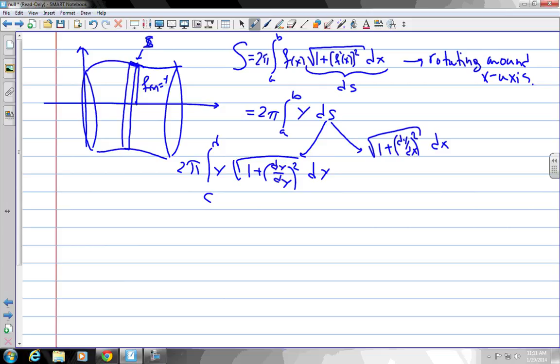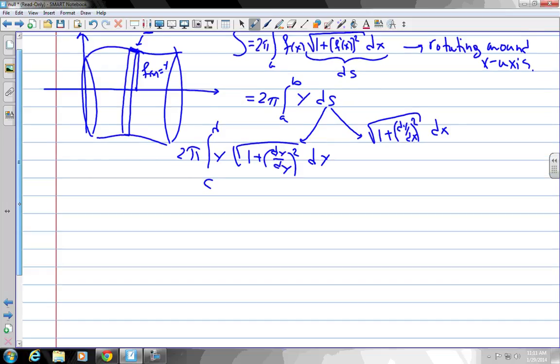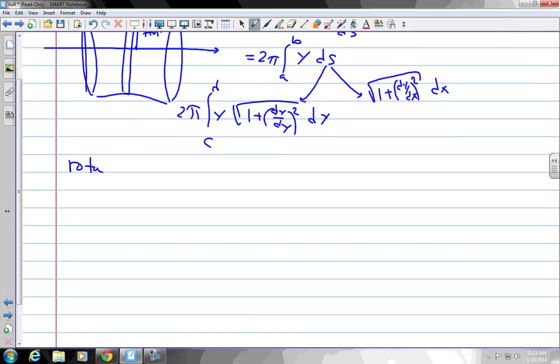And if you rotate around the y-axis, you're going to get a different surface area, but the arc length portion will basically stay the same, because now you're looking at an integral from c to d.